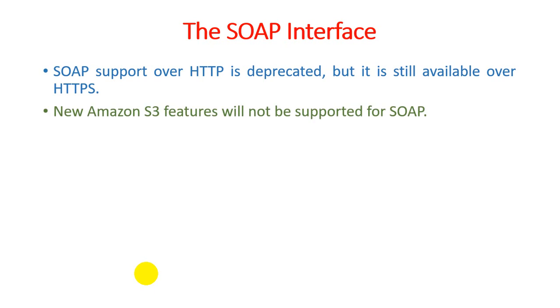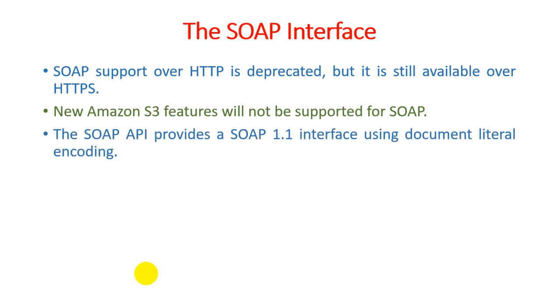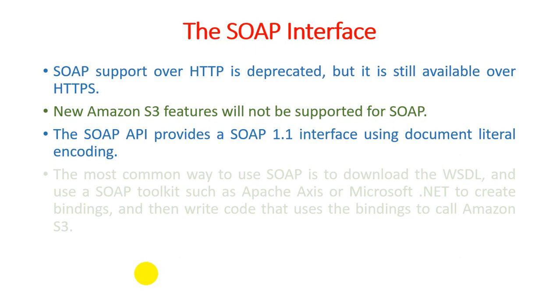New Amazon S3 features will not be supported for SOAP, so the updated features will not be available in this particular interface. The SOAP API provides a SOAP 1.1 interface using document literal encoding. It is a standard version through which we can integrate a particular kit with a particular language.